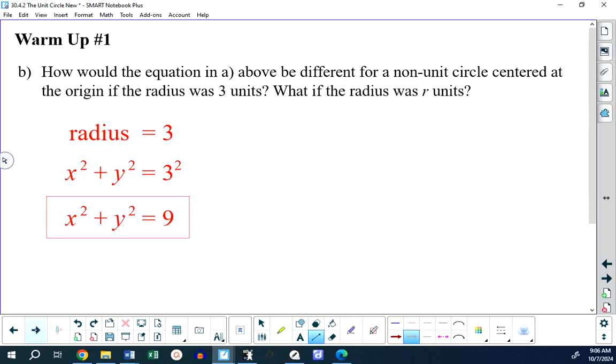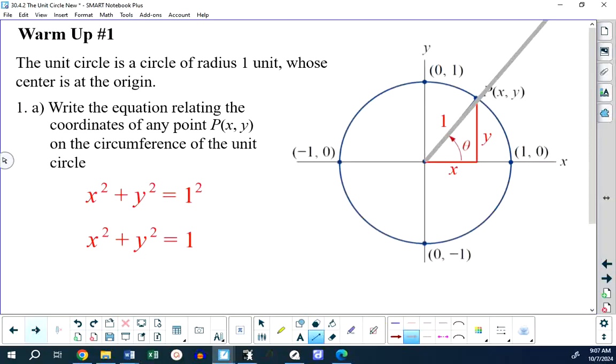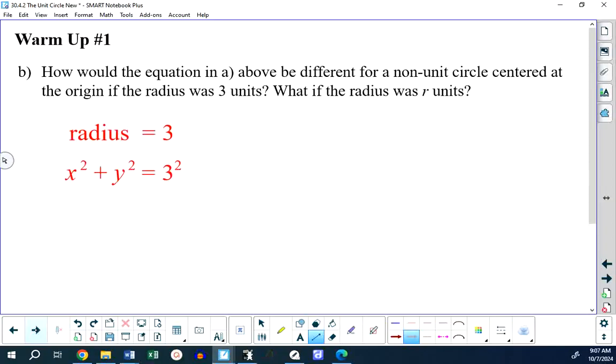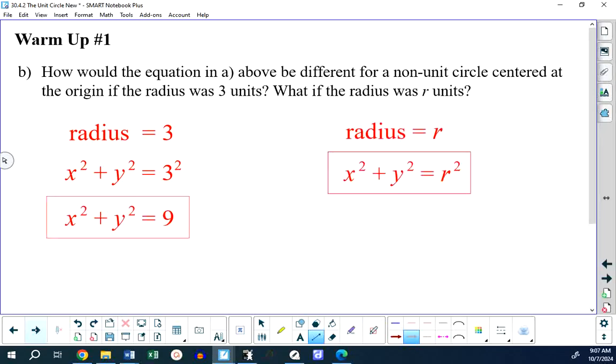What if the radius was r units? We went from very specific with the unit circle to a specific case that's not the unit circle. Well, what about the most general case? As long as it's centered at the origin, the equation of the circle will be x squared plus y squared equals r squared. So if the radius is 1, the relationship between x and y is x squared plus y squared equals 1.